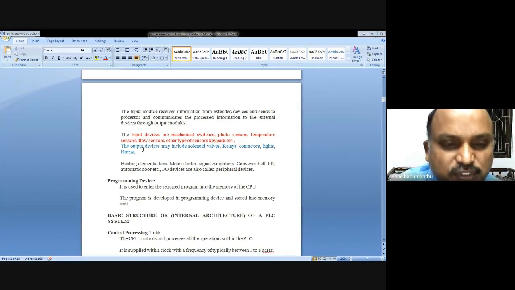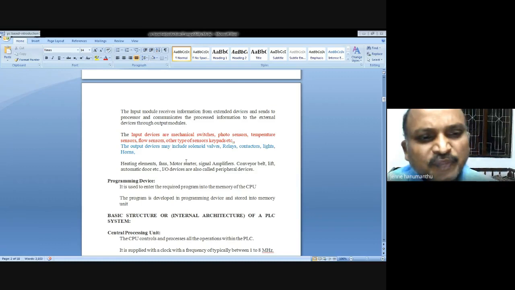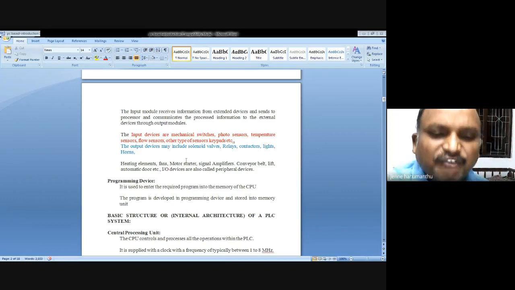Through the input we can give many inputs, for example a mechanical switch, a photo sensor, temperature input, flow and other types of sensors, keypad. These are all acting as input modules if required.